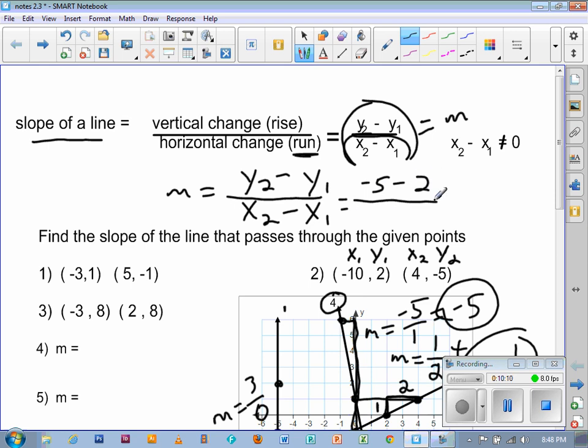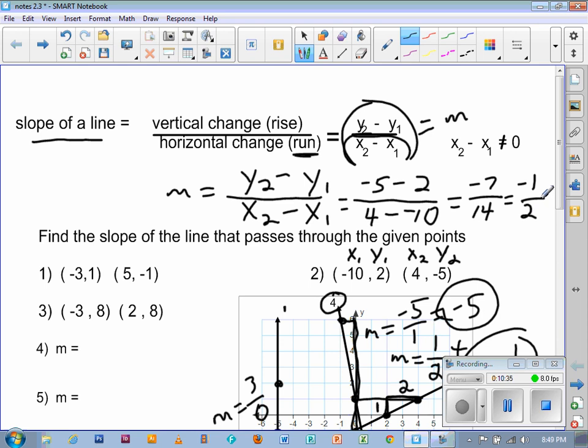Again, I need to overstress this because it's a common mistake. Make sure you subtract your y's and put that on top. And then 4 minus a negative 10 is on the bottom. Simplify, you end up with a negative 7 over 14, which is a negative 1/2. There's your slope for number 2.